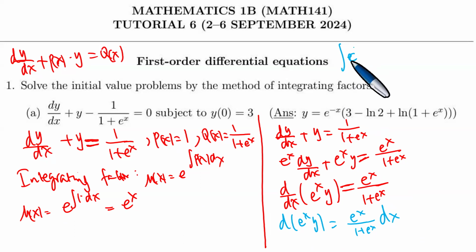And then we have e to the power x divided by 1 plus e to the power x dx.